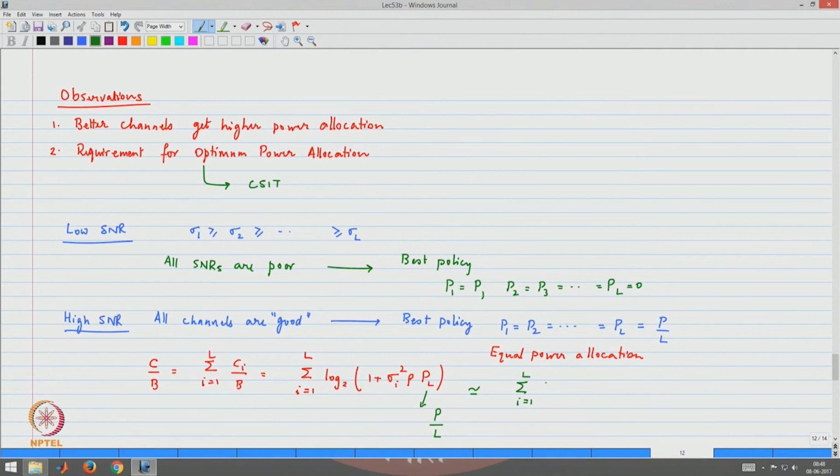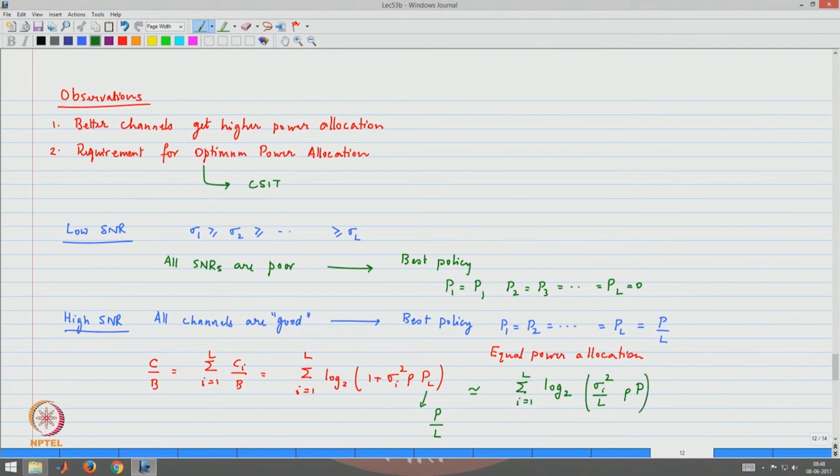So, this can be written as summation i equal to 1 through L logarithm base 2 of sigma i squared divided by L times rho times P. So, this is our expression.